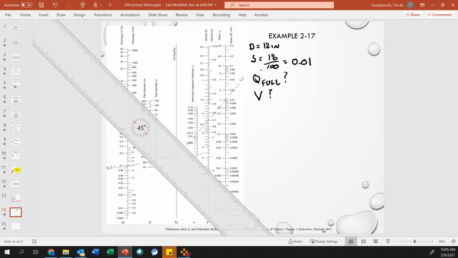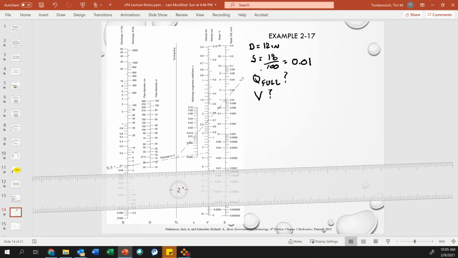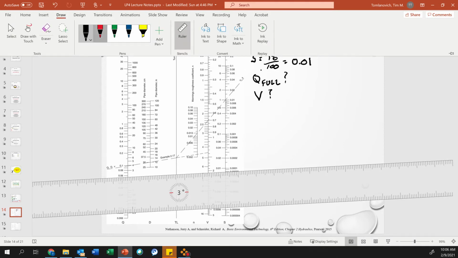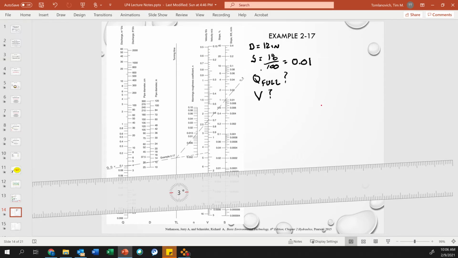If you look here, I'm going to use my ruler and a red pen. The book kind of shows you, but I'll talk you through this. I have discharge over here, that's what I'm looking for, in cubic feet per second. Over here I have slope in percent, velocity, and then here's my Manning's roughness coefficient.